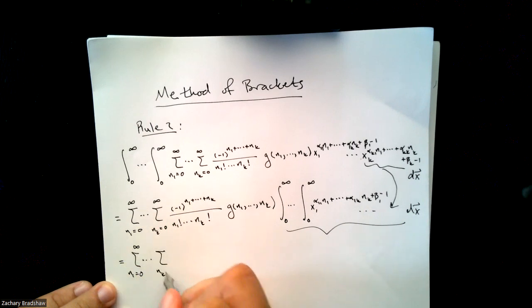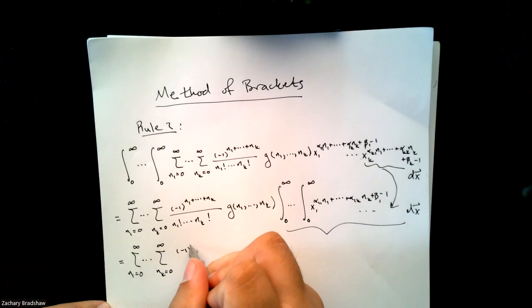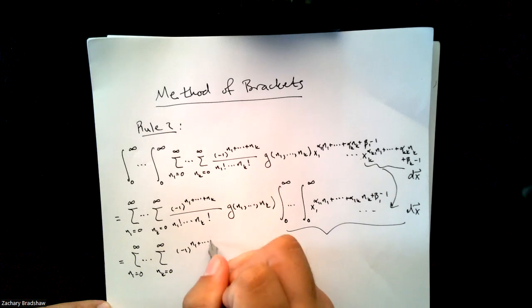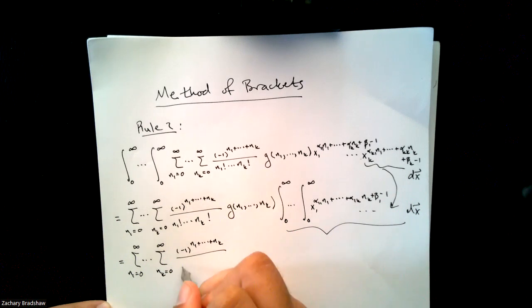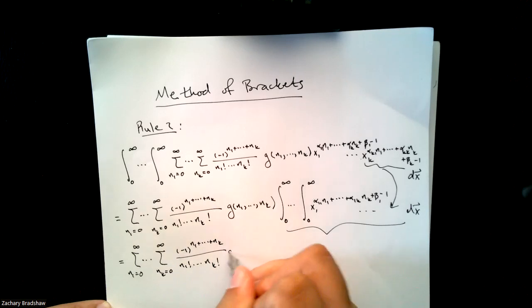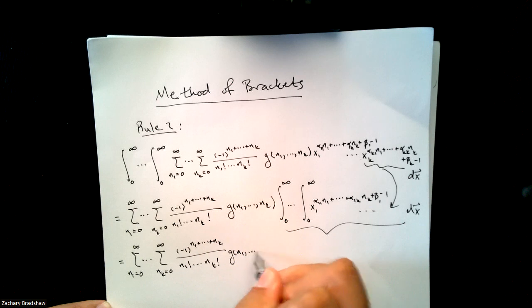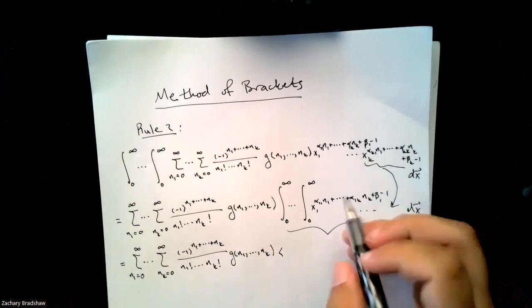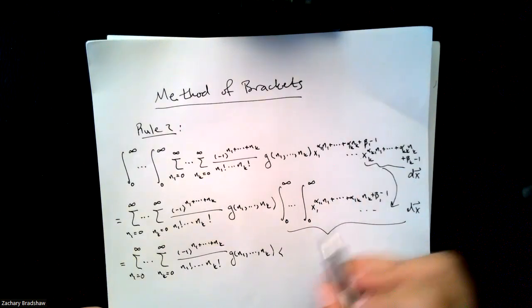So remember, we formally defined the integral of this x to some power thing as a bracket, where the power appears in the bracket. So what appears here? Well, the exponent does, plus 1.